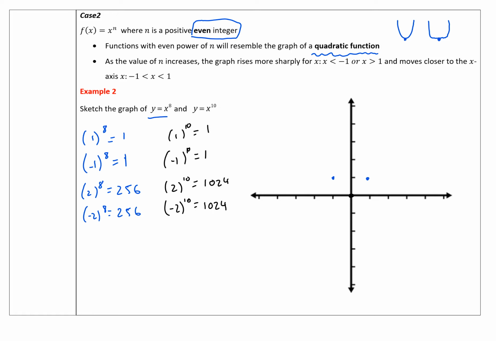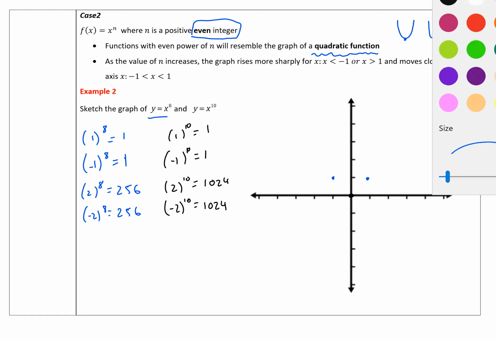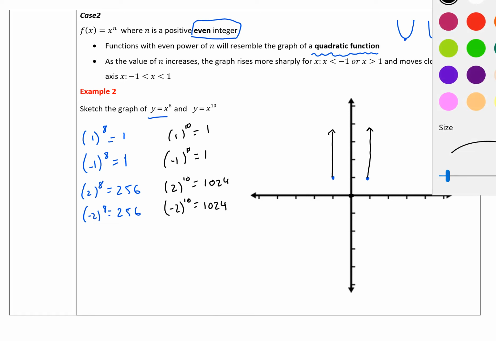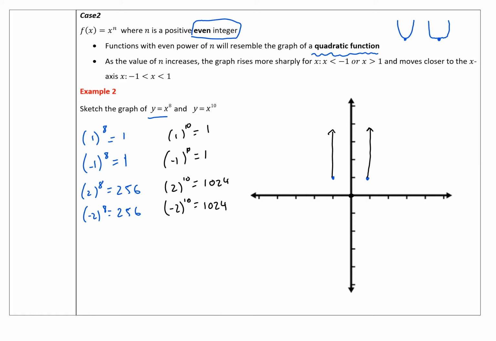So we see this kind of reflection happening. 1024 is above 256. So as I'm sketching these graphs, I need to demonstrate that this almost goes directly up, and my blue line, my x to the power of 8, is not quite as sharp an increase. I'll just fix that arrow there.